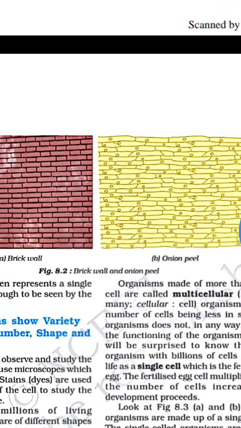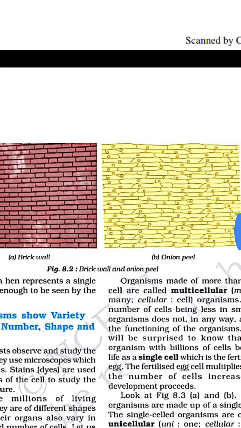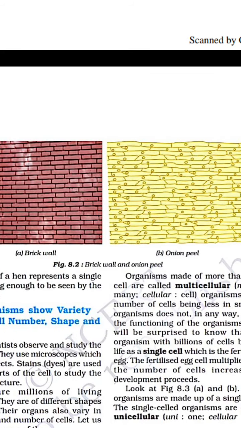If we go through the living organism, then it becomes even more complex. So the structure of the brick wall is simple, but compared to it, the structure of the onion peel, that is, the cell structure, is more complex.